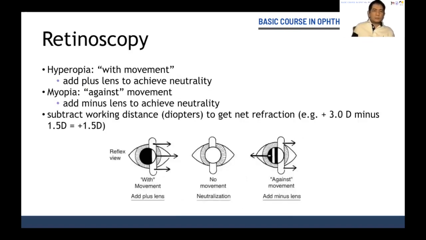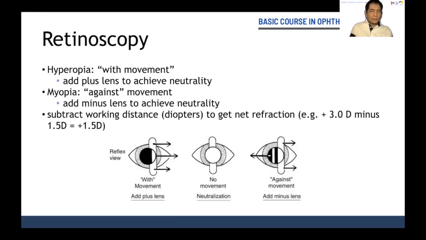In cases of hyperopia, you will observe a with movement. If you have a with movement, you just use a plus lens to achieve neutrality. And if you see an against movement in cases of myopia, you just use a minus lens to achieve neutrality. Once you have neutralized the reflex with a certain power, you subtract your working distance.